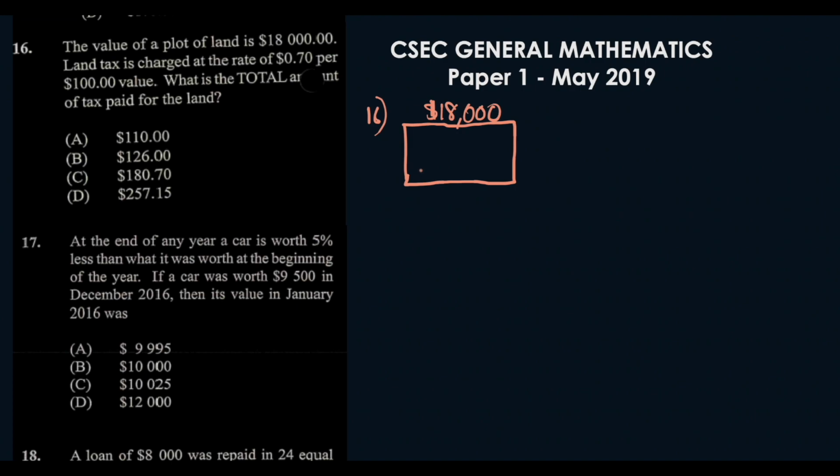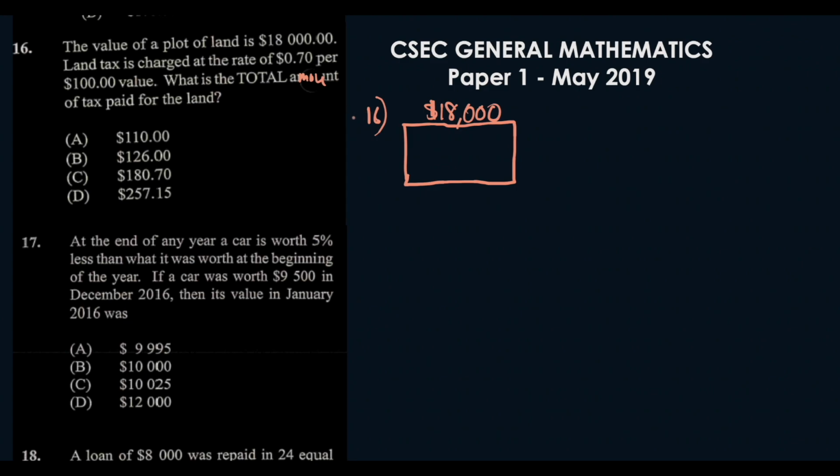What is the total amount of tax paid for the land? So if we have to pay 70 cents for every $100, we need to figure out how many $100 are in $18,000. And once we figure that out, we just have to pay 70 cents for each of those.